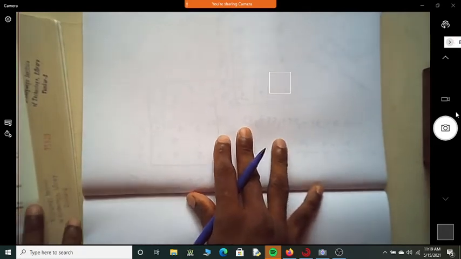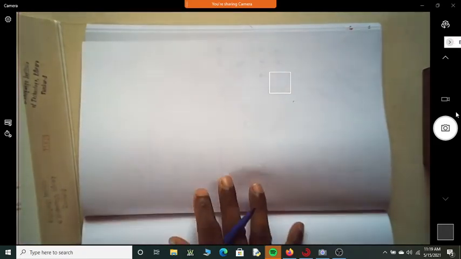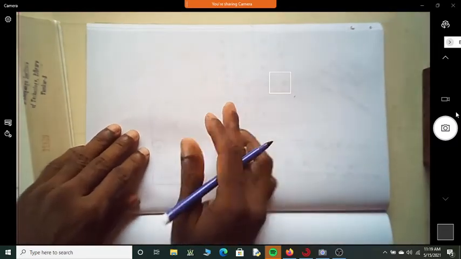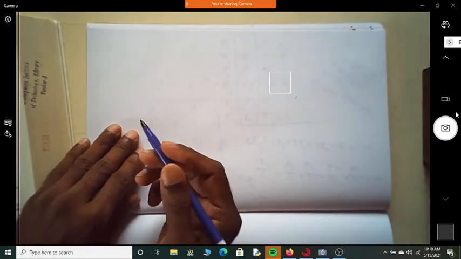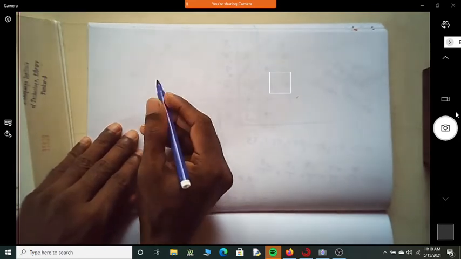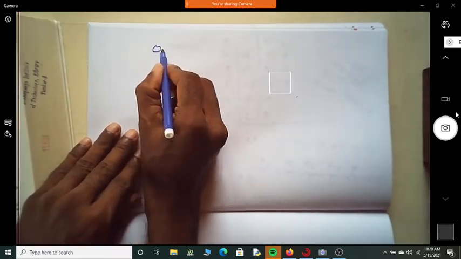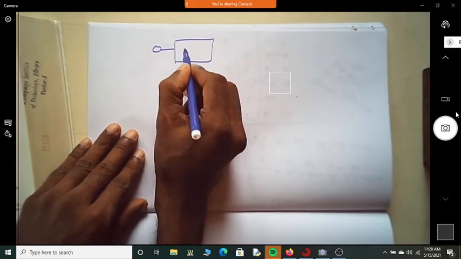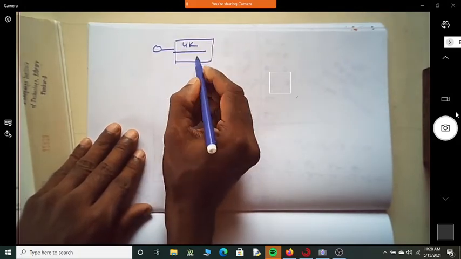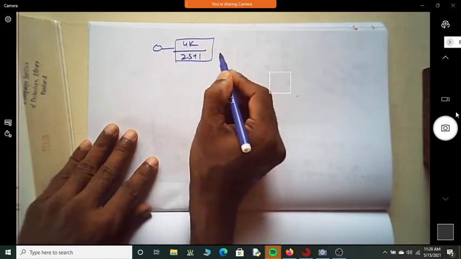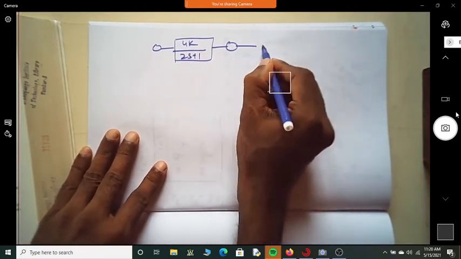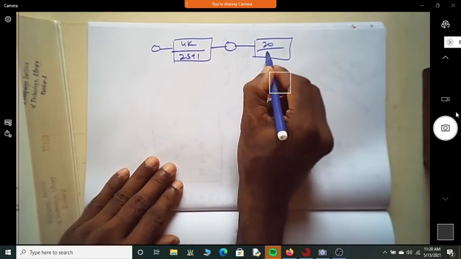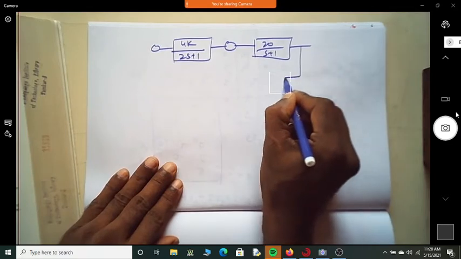Okay, now we'll just see this problem. Let's have a look at this. Or let me just try to introduce that. Okay, before I introduce 20 sim, let me see. This is 4K by 2s plus 1. I have this 20 by s plus 1.